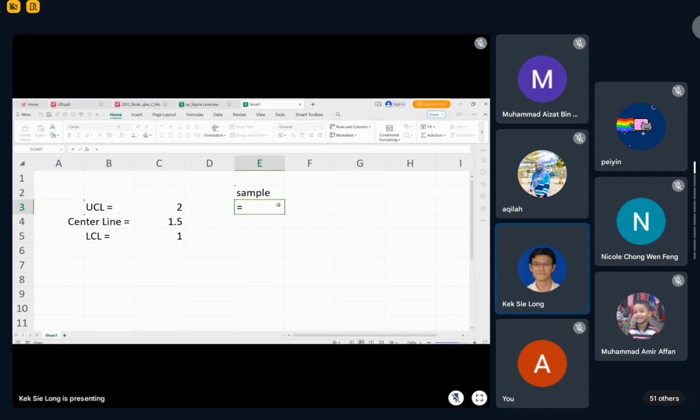Choose a point, randomly choose a point. If I do it like this, of course all the points I've taken will be inside the control limit.